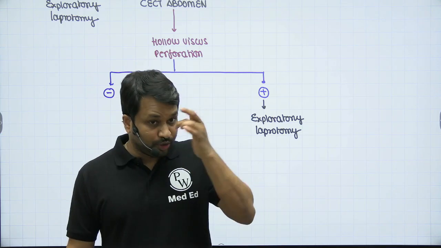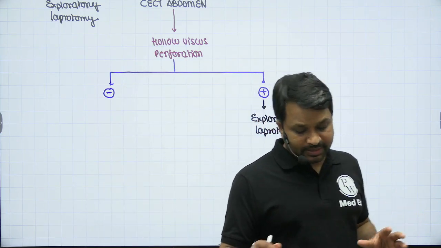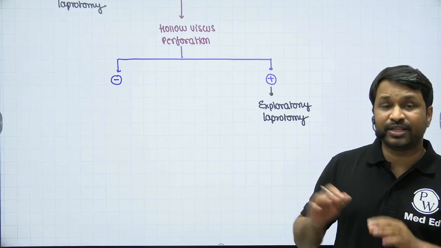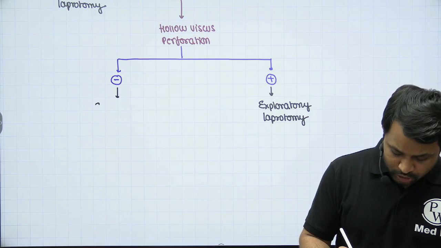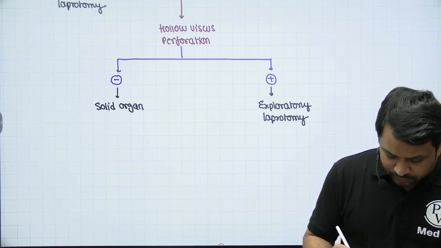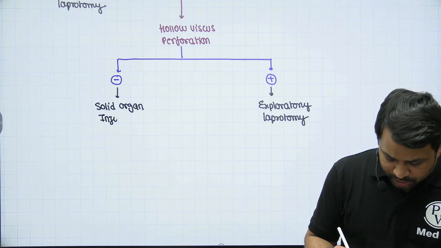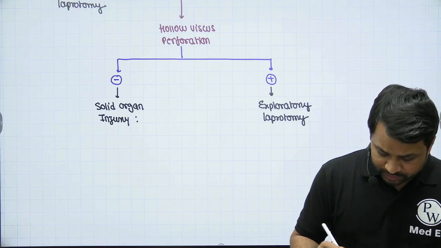So you will assess the patient for hollow viscus perforation on CT. If there is no evidence of hollow viscus perforation, you would look for solid organ injury. When I'm looking for a solid organ injury, I am looking for injury to the liver.